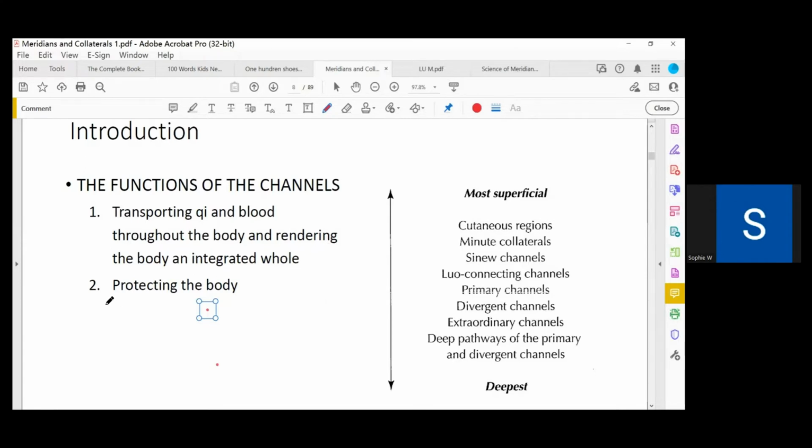The second one, protecting the body. For example, like the collaterals, they form a net, right? And the skin regions, they cover the whole body. So definitely it can protect our body.